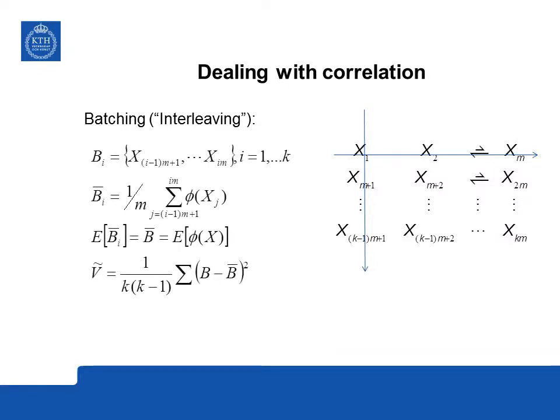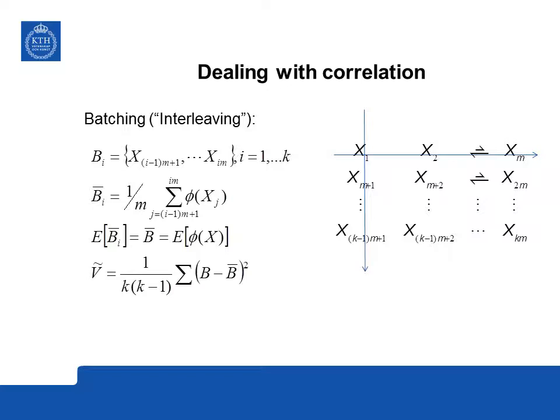So what we do is that we operate column-wise instead, and each column will be a batch of low correlated samples, and we can compute the average.